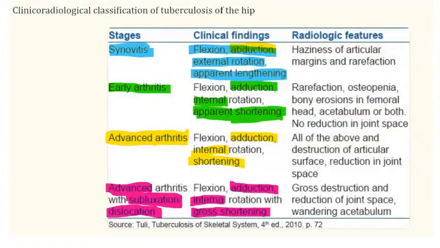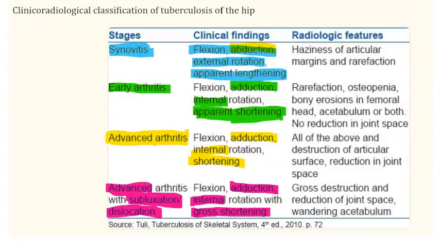In stage 1, synovitis, the patient presents with flexion, abduction, external rotation, and apparent lengthening. In stage 2, early arthritis, there is flexion, adduction, internal rotation, and apparent shortening.